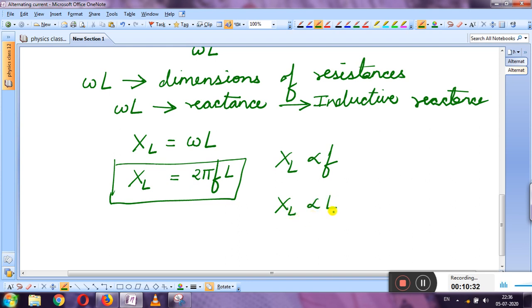So if either inductance or frequency is increased, it will increase the inductive reactance.